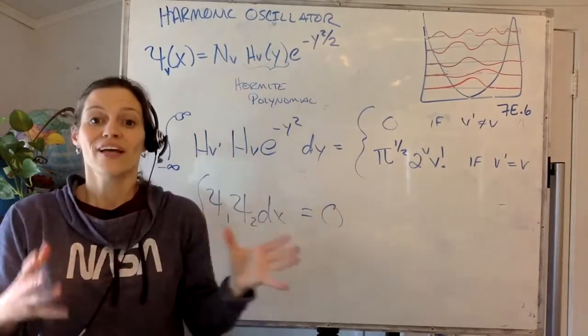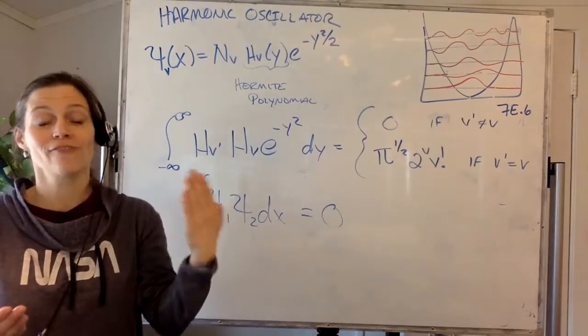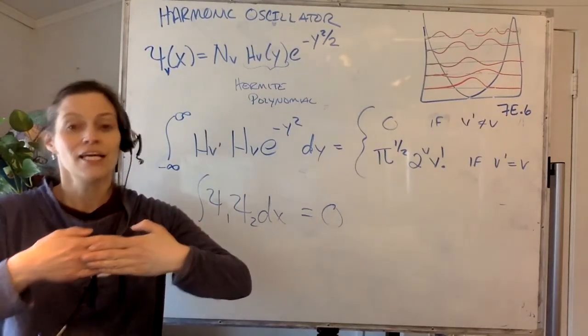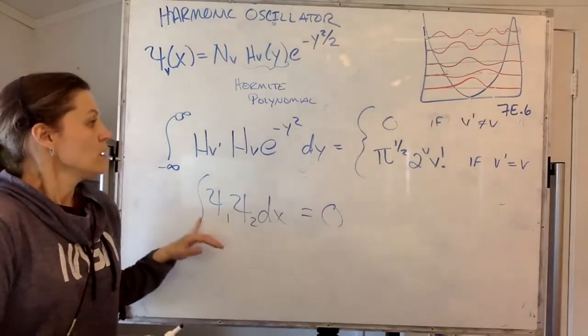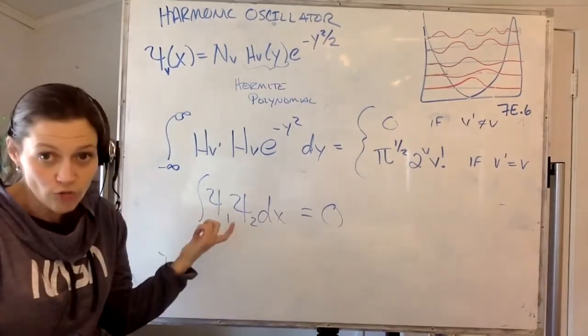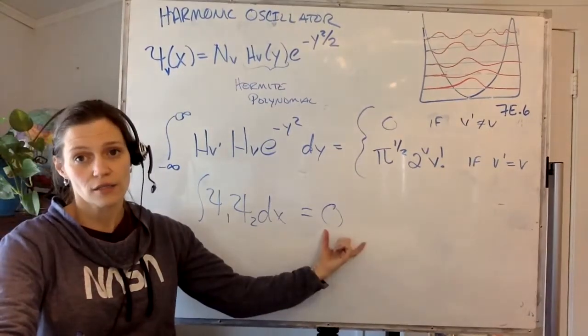Cool? So if they're orthogonal, that means wave function 1 and wave function 2 have no overlap whatsoever, so that's going to equal 0. That's going to come in really handy when we're dealing with molecular orbital theory, where you have wave function overlap. Because if you remember from Stefan's class, if you have orbital overlap, you've got bonding. Kind of. So if we have no overlap whatsoever, we have orthogonality.